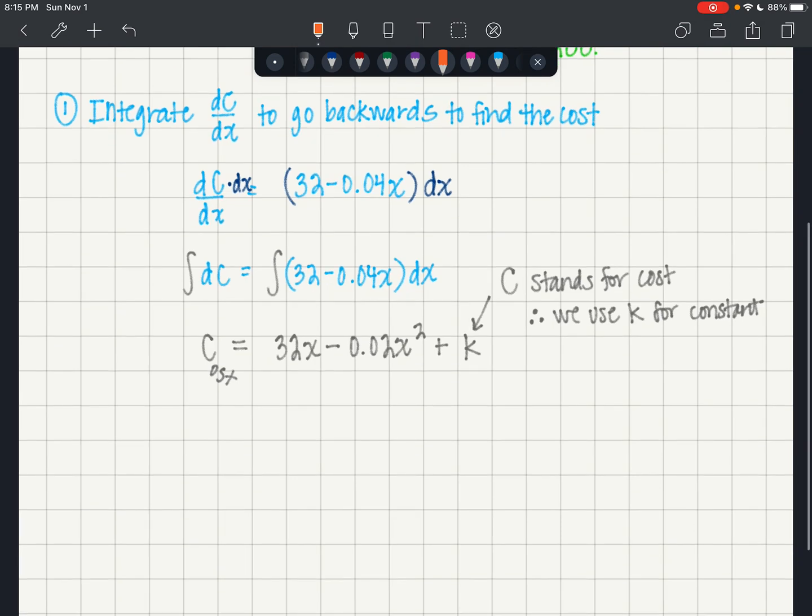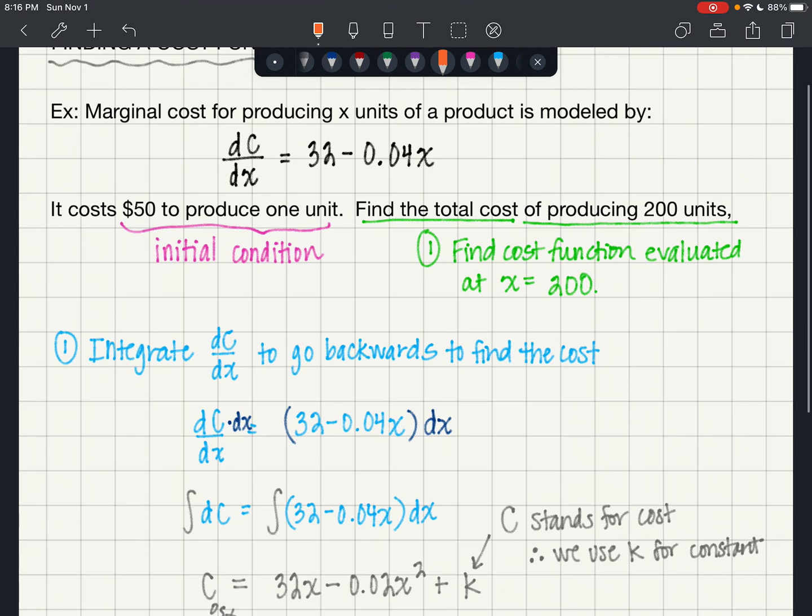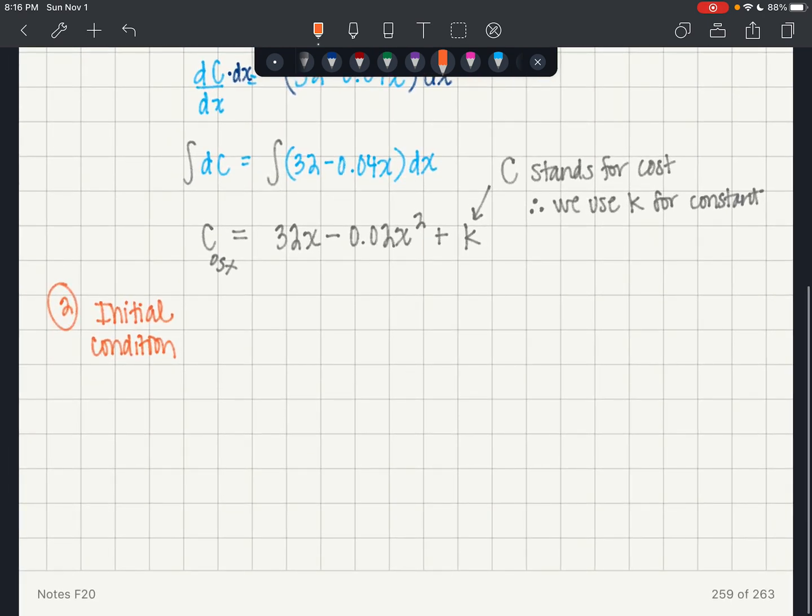Now we're going to go to the initial condition. So now that we've got this general equation, we're going to use the initial condition. And the initial condition said $50 to produce 1 unit. So when x equals 1, C equals 50.